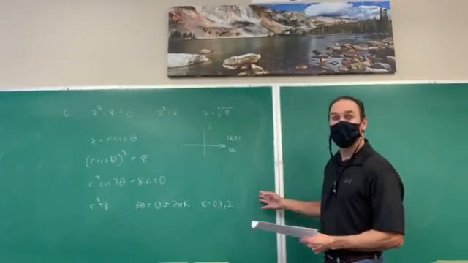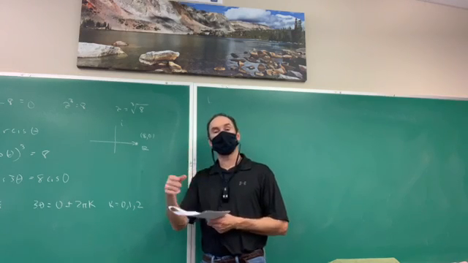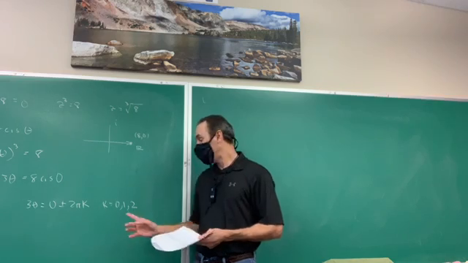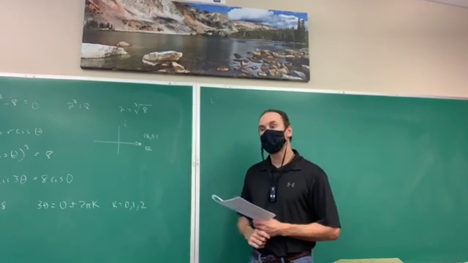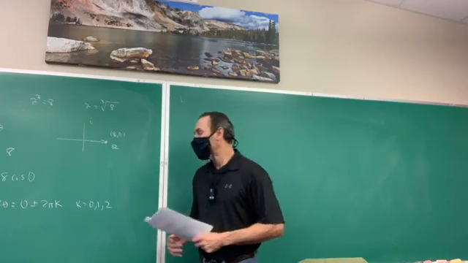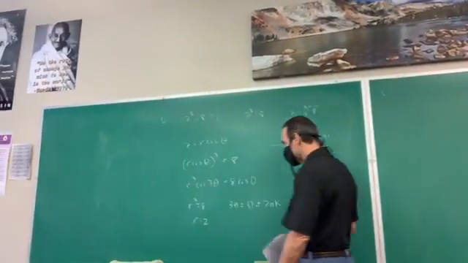I mean, we could keep going, but we're just going to keep circling back and getting the same answers over and over again. There's only going to be 3 distinct answers to this. And if we let k go beyond 3, we'll just get repetitions of ones we already have. So the r here then is going to be 2.